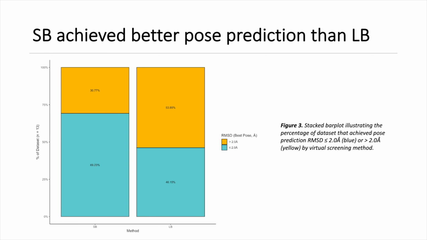As shown, approximately 70% of the dataset was predicted within 2 angstroms of the native pose for SB compared to 46% for LB. Together, results suggest that SB was able to achieve better pose prediction compared to LB.